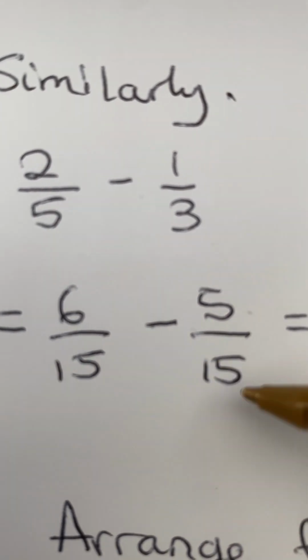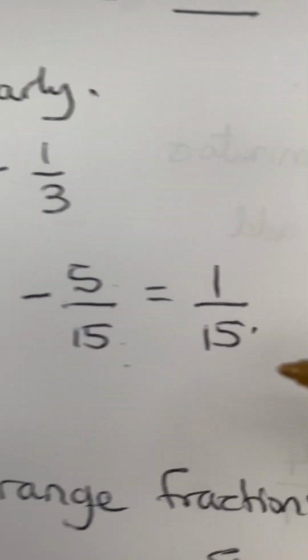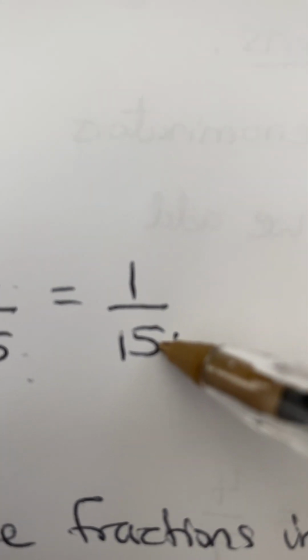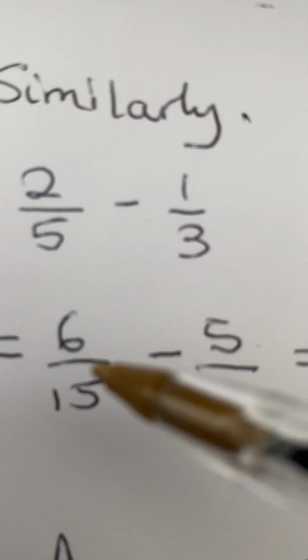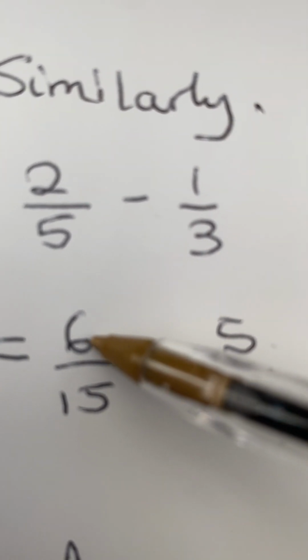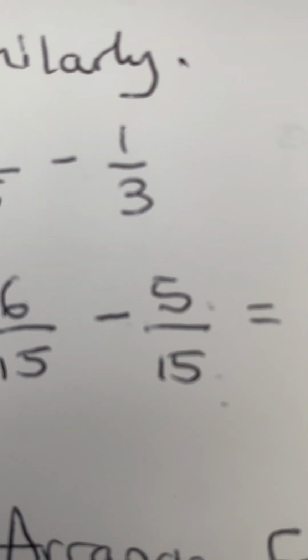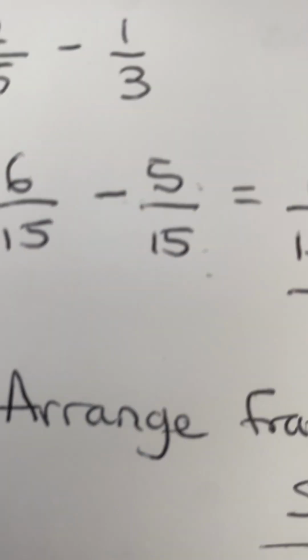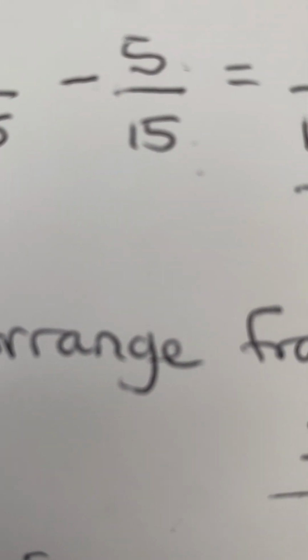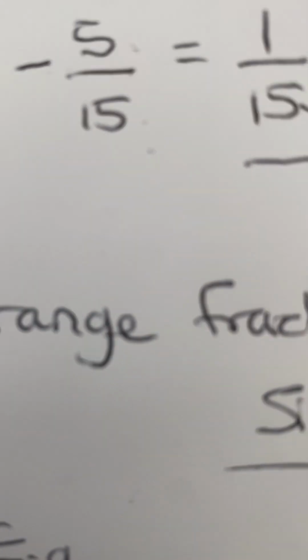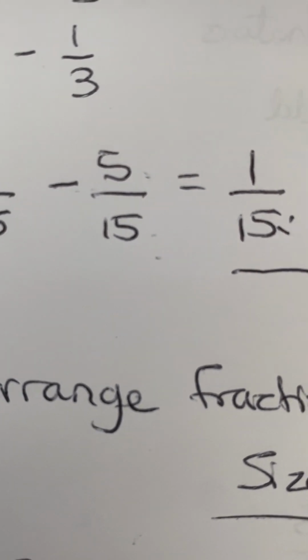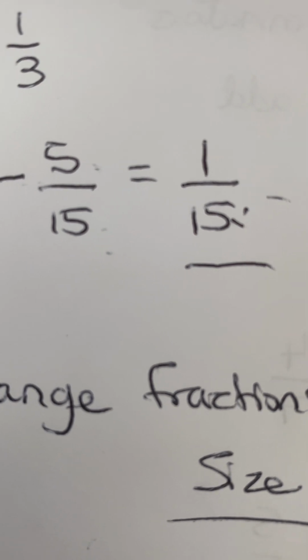Because the denominators are the same, we put the denominator 15. Now the numerator is 6 minus 5, which is 1. So our new answer is 1 over 15. I hope I'm clear on that. You can go and watch the video and see.